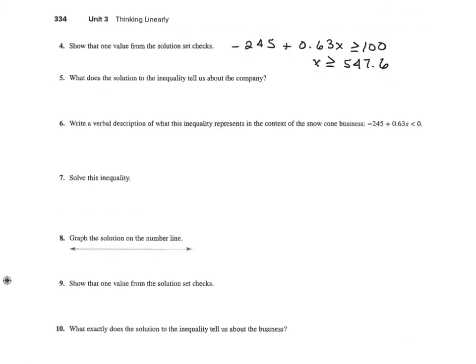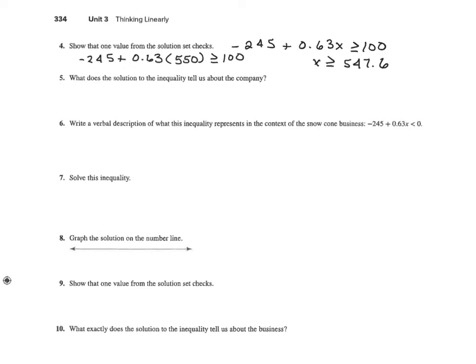Okay, for number 4, they said show that one value from the solution set checks. Well, let's use 550, just see what works there. So negative 245 plus 63 hundredths times 550 is greater than or equal to 100.